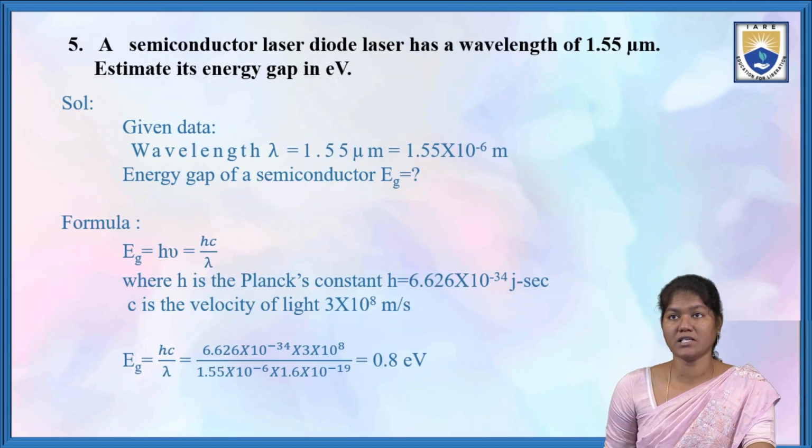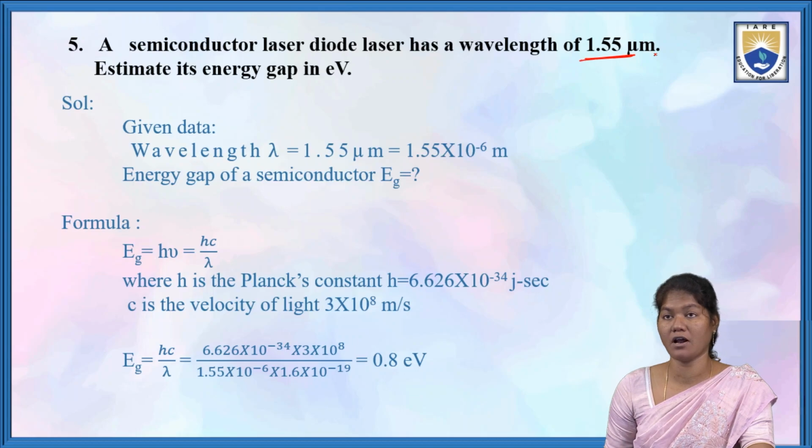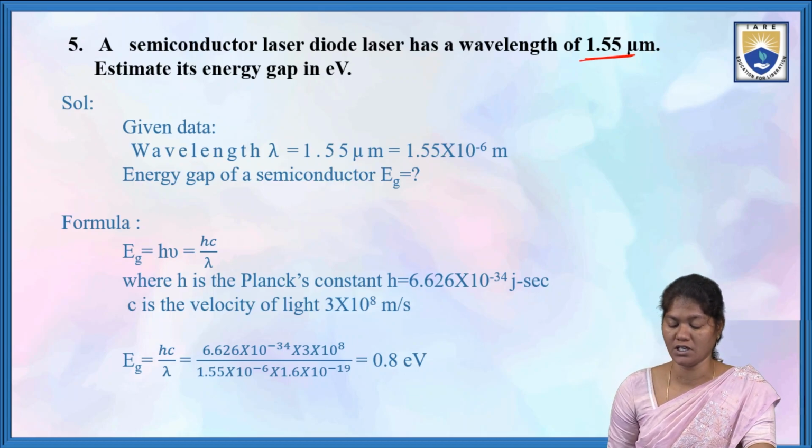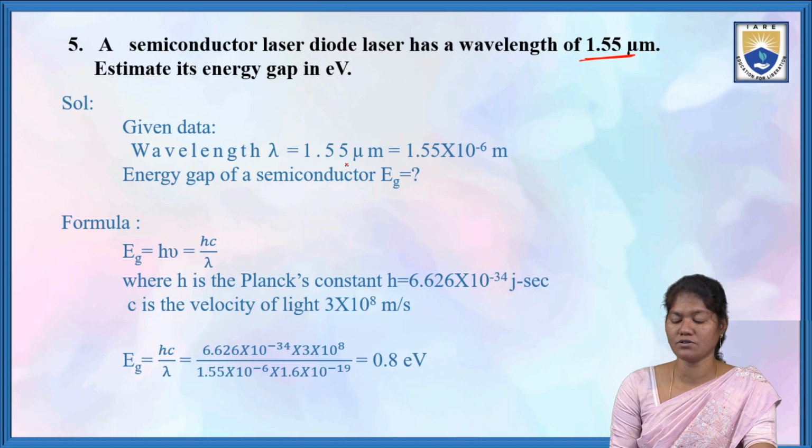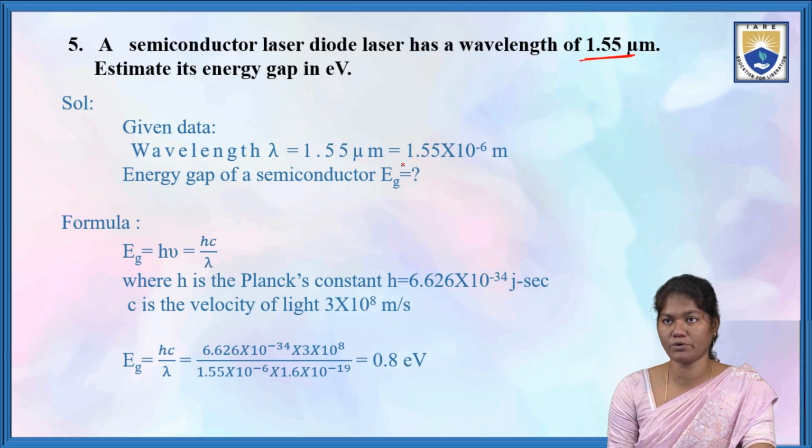Another problem: a semiconductor laser diode has a wavelength of 1.55 micrometers. Estimate its energy gap in electron volts. The given data is wavelength lambda equal to 1.55 micrometers. Micrometers can be converted into meters, 1 micro is 10 power minus 6, so 1.55 into 10 power minus 6 meters.